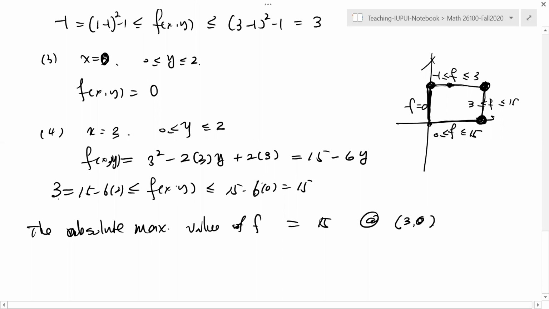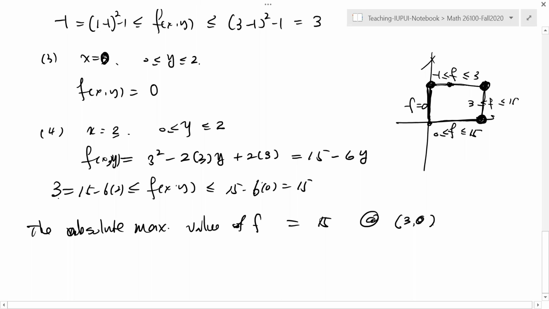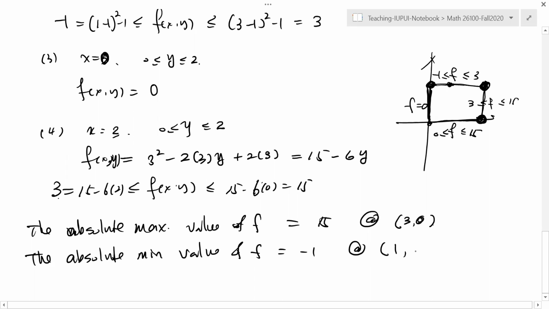And the absolute minimum value will be -1. It occurs at x equals 1 and the y value is 2. So that is a point. So those are the 2 points.